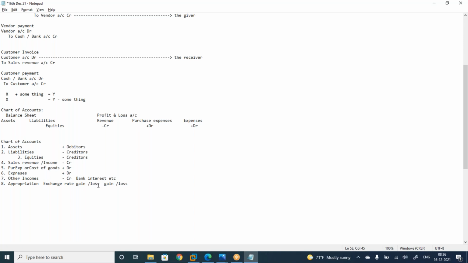If you are purchasing fixed assets, it is fine. Whenever you are selling, there may be a loss or gain, am I right? Yes. And if your exchange rate is changing, because of that sometimes it is profit, sometimes it is a loss. Agree? Yes. So all these accounts will be mapped here. That is the reason it is a mix of a lot.